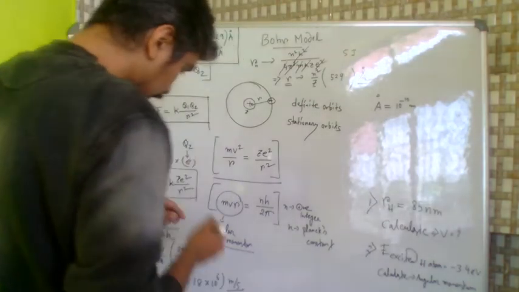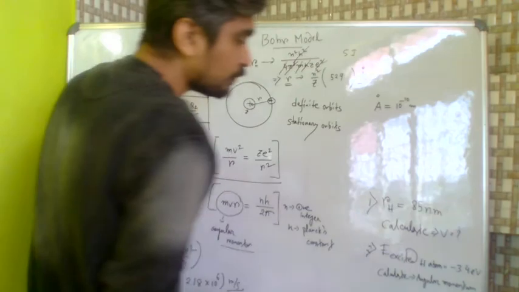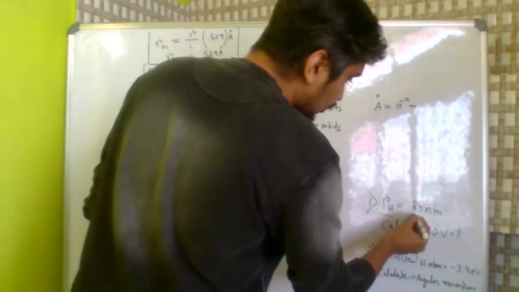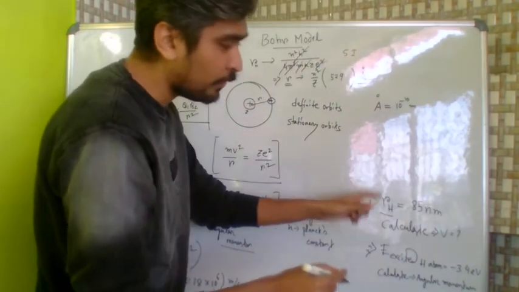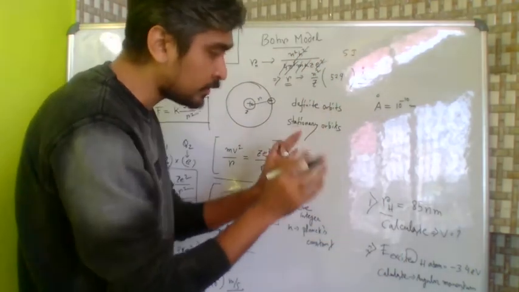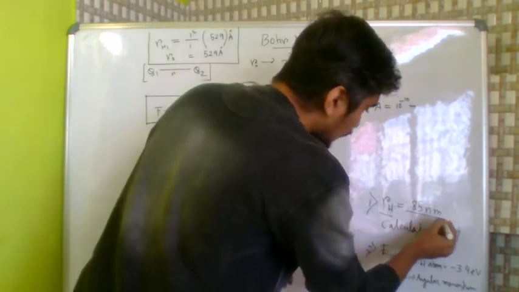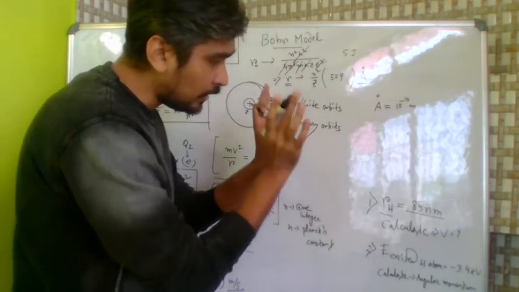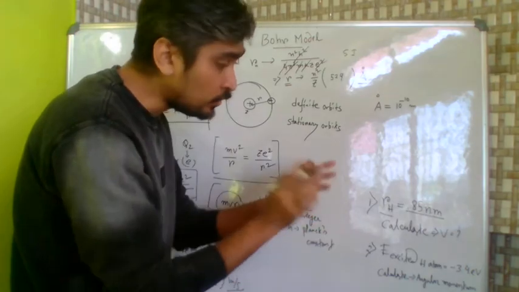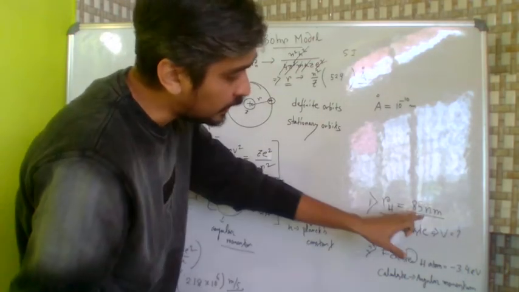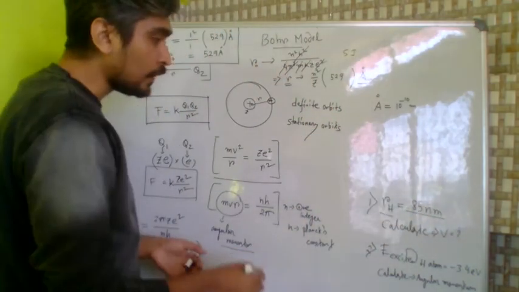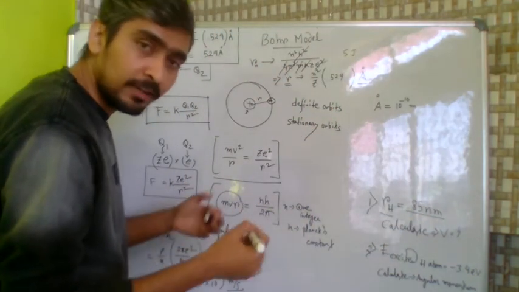As it is velocity, its unit will be meters per second. So now, how can we solve this problem? The problem is that the radius of some orbit is 0.85 nanometers. We don't know what orbit it is, but it is 0.85 nanometers. Calculate V. How can we calculate V?